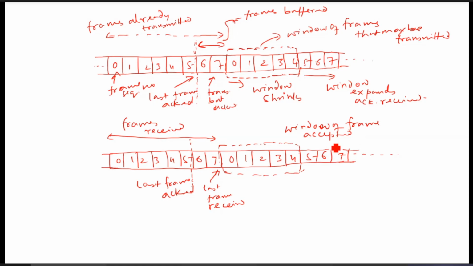Initially that will be fixed, right? In this case also the window will shrink from the trailing edge when the frames are received. As soon as frames are received, the window will shrink.